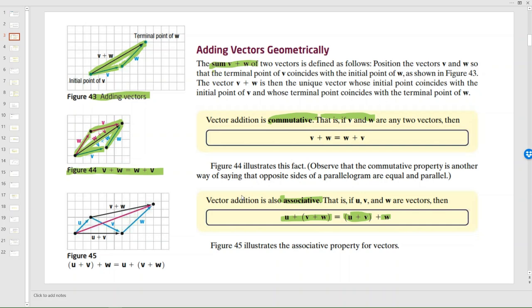We're going to start with the u, and then if we find v plus w and then tack it onto the u, it lands us here. On the other side, if we shift those parentheses and start with the u plus v, and then we add to that the w, we're going to get the same result, which is this red line. That is my new vector that is the result of the sum of these three vectors using the associative property.